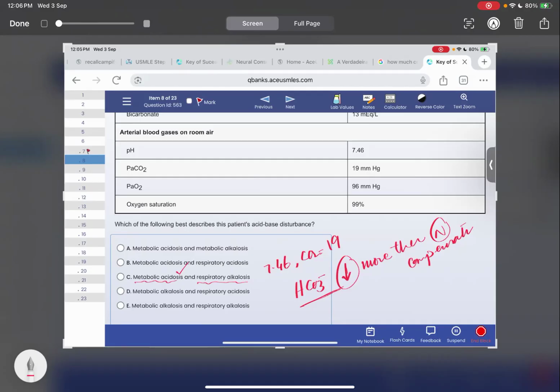Like if bicarbonate is high in metabolic alkalosis, we will accept only a change of 4 in carbon dioxide. Then it will be normal. If it is not like this, it will be mixed type.